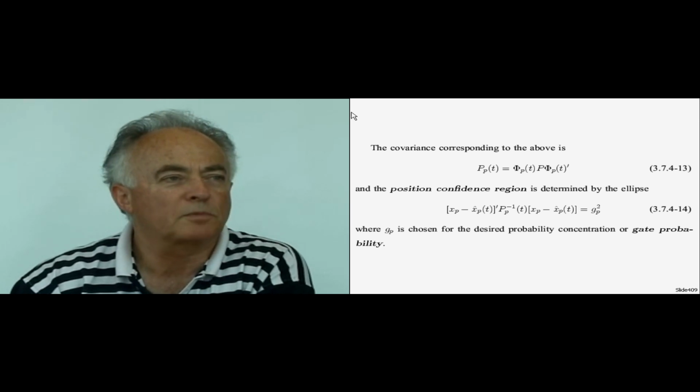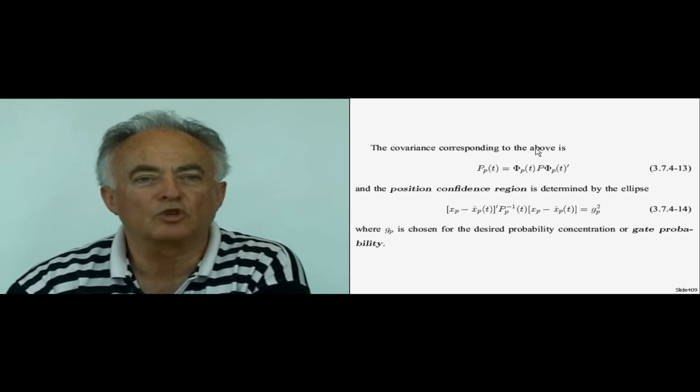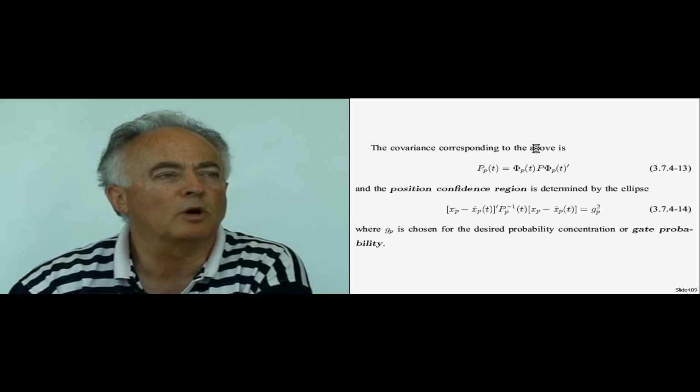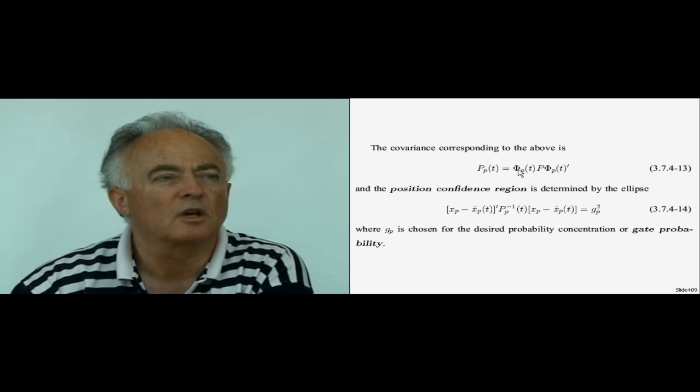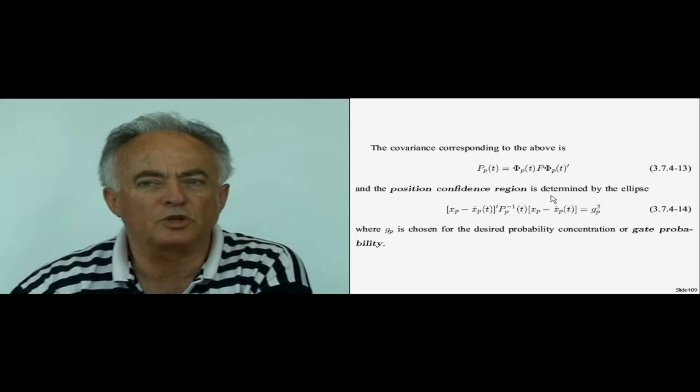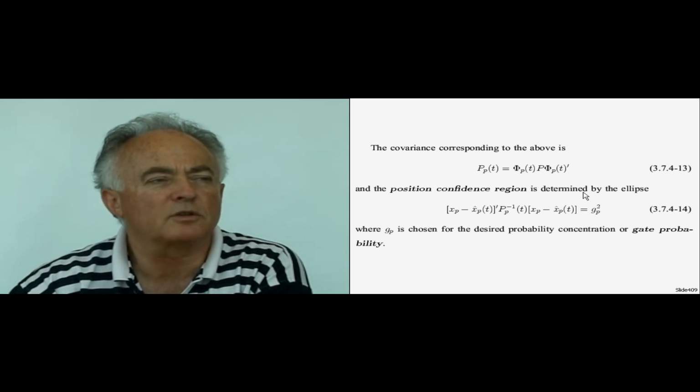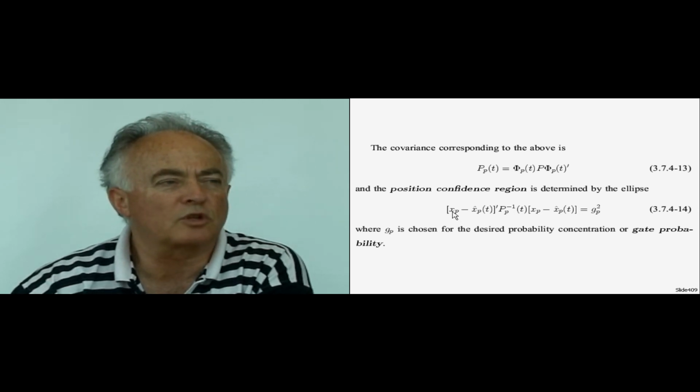The covariance corresponding to the prediction or extrapolation shown above is P only for position, in this case phi pp, phi p transpose, where each of these phi's depend on the time interval for the prediction, t. And there will be a confidence region for the position where we predicted this, again given by an ellipse under the Gaussian assumption that the x position at some arbitrary time will be around x hat pt, according to this elliptical region.